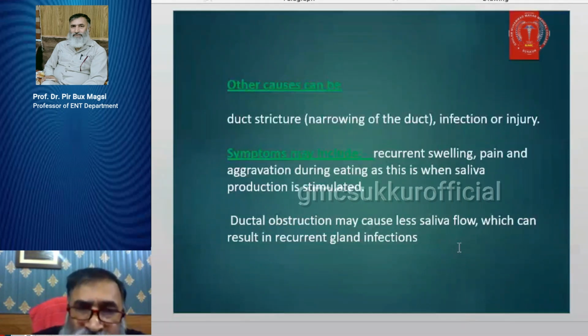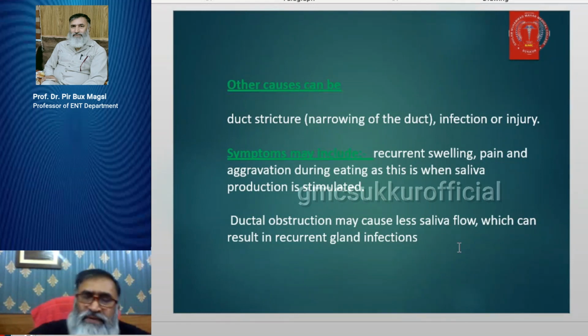Other causes can be duct stricture, narrowing of the duct, maybe due to infection or injury. Sometimes you have road traffic incidents. Symptoms may include recurrent swelling, pain and aggravation during eating, which is when saliva production is stimulated.